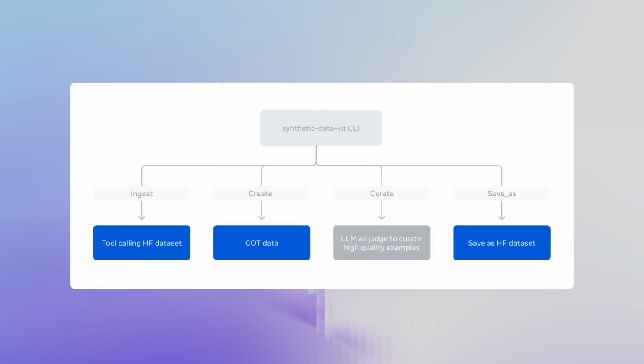So let me talk about a use case here. We used the Synthetic Data Kit to generate training data and fine-tune a Llama 3 model for tool calling tasks. What we have done here, we have used an open source Hugging Face dataset. We have augmented the data with the reasoning and COT data.